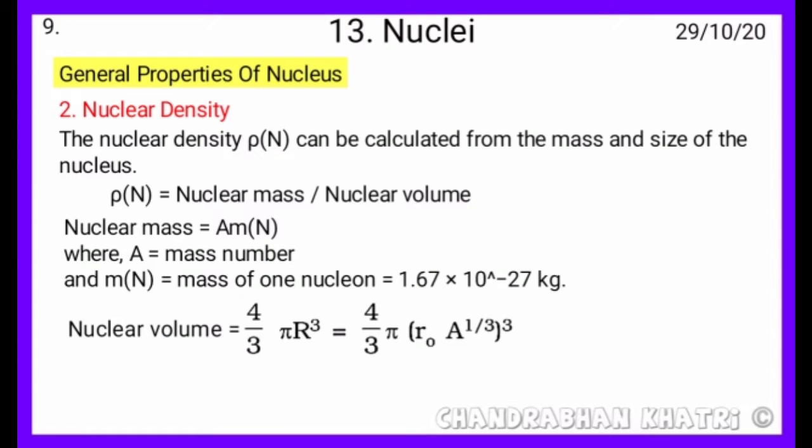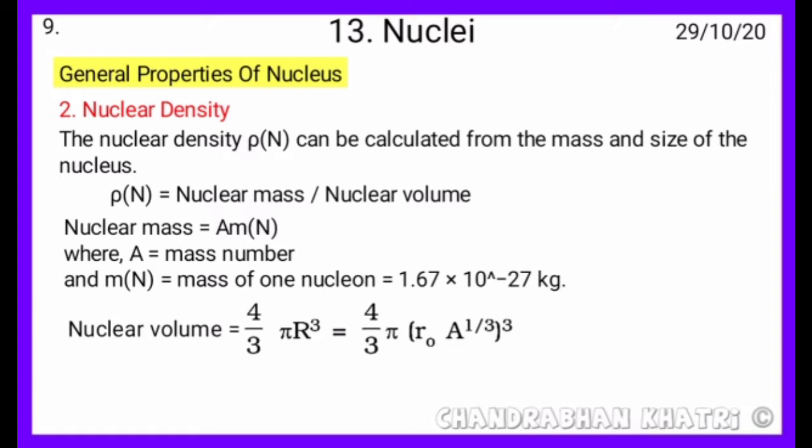Second point, nuclear density. Nuclear density rho n can be calculated from the mass and size of the nucleus. So, nuclear density rho n is equal to nuclear mass upon nuclear volume.